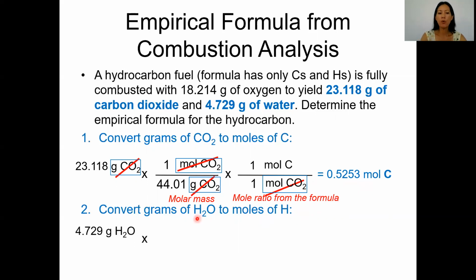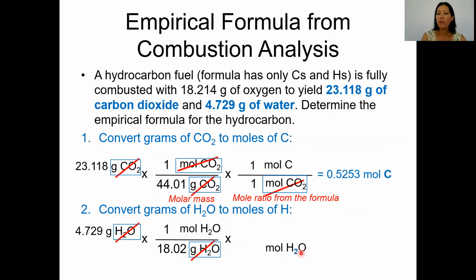Okay, do the same for water. If you didn't get the first one right, pause it and do the second one on your own. Start with the grams of water. Go grams to moles of water, and that's just molar mass: 18.02 grams on the bottom and 1 mole on top.